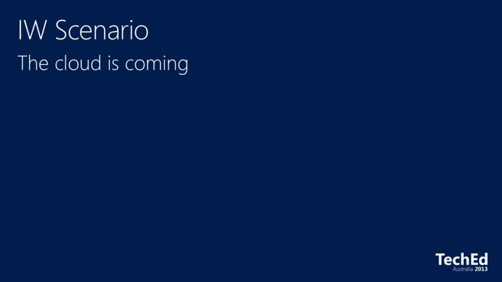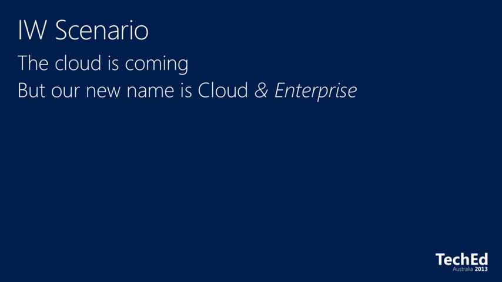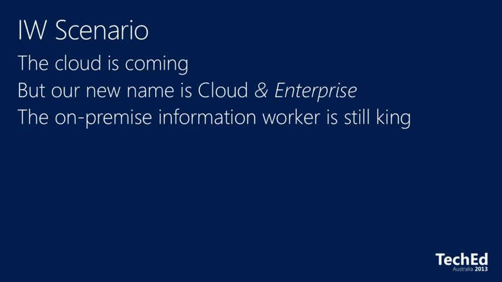But even when we rebranded ourselves recently, amongst our endless series of crazy news, we bought Nokia, we got a new CEO, we call ourselves Cloud and Enterprise. We made sure to leave Enterprise on there because it really is still our bread and butter. And the on-premise information worker, the IW, is still where everything gets done.